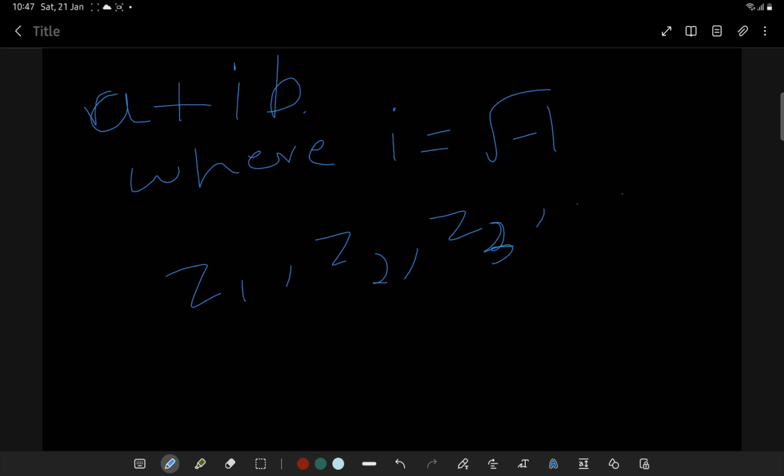Now the basic addition of complex numbers.